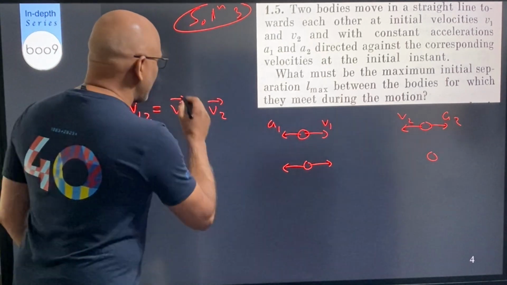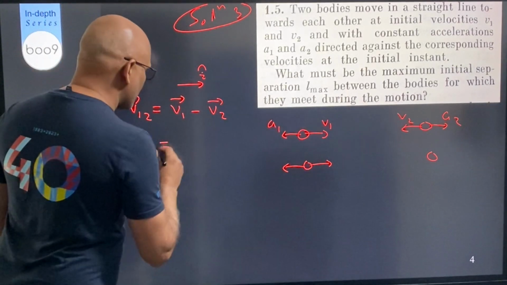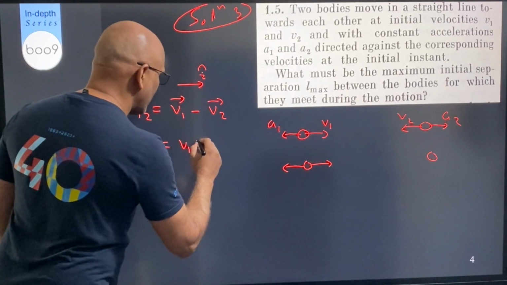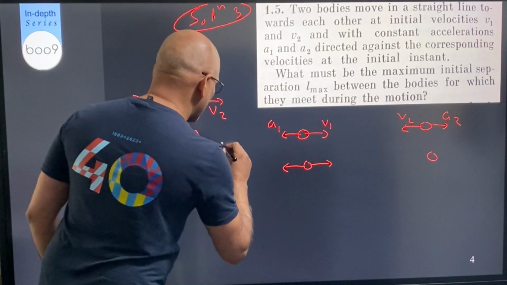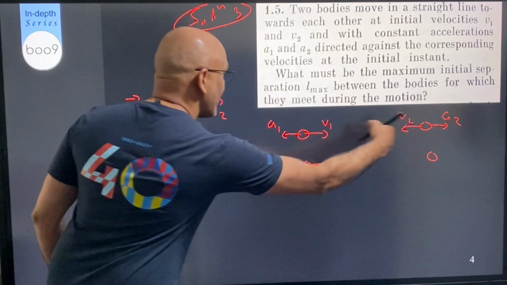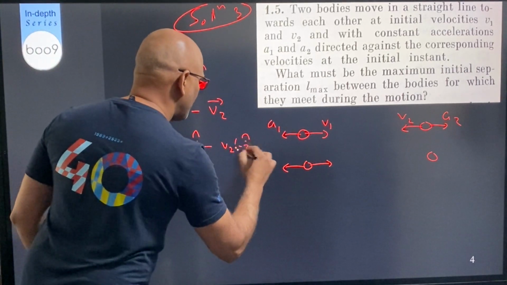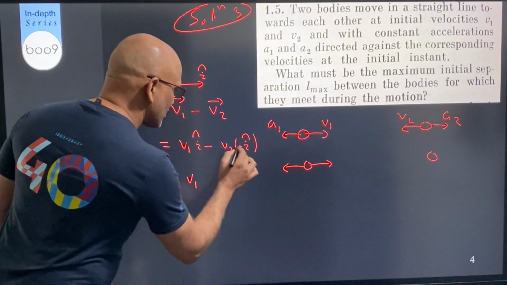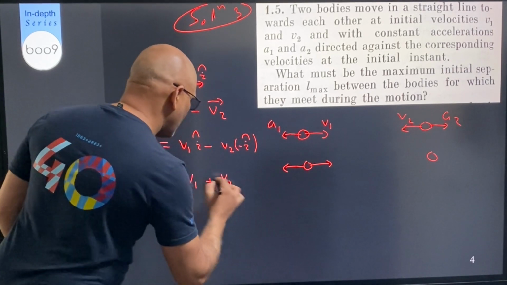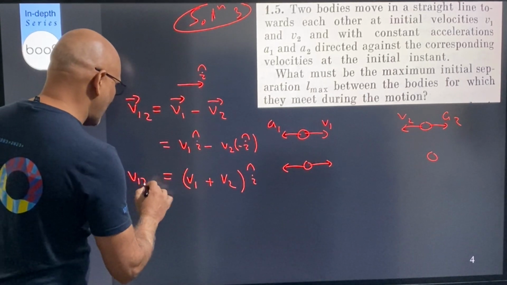V1, let me call this direction i cap, is going to be the magnitude V1 i cap minus V2. V2's magnitude is V2, but it is in the negative i cap direction. So that is negative i cap. So this is going to be V1 minus, and minus plus, V2 i cap direction. So that is going to be V12.